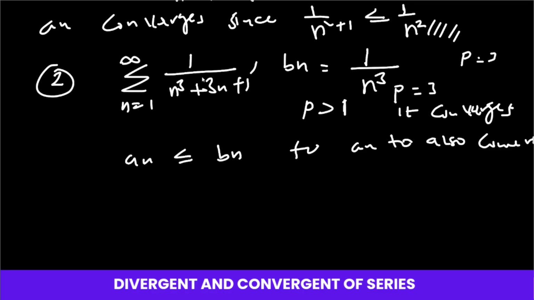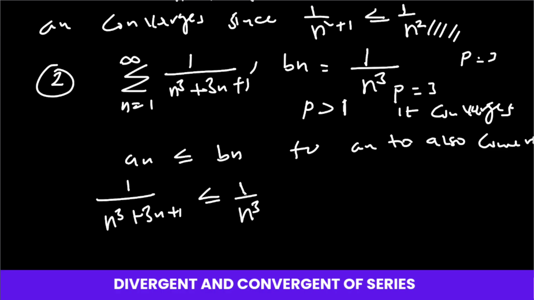Now you can look at it from simple inspection. From simple inspection, you can see that 1 over n cube plus 3n plus 1 is less than or equal to Bn, which is 1 over n cube. The reason is that we have the same function n cube at the denominator, and we've added 3n plus 1 to it. So the denominator keeps increasing when you put in a value of n, and if you take 1 over an increasing number, the value gets smaller.